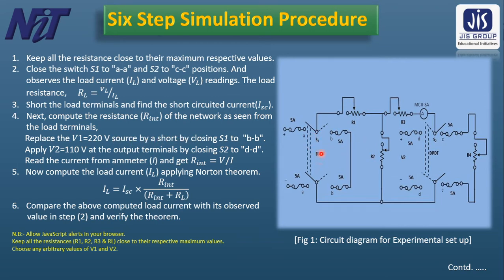Now you have to connect S1 at the BB position, and apply V2 at switch S2, where V2 voltage is 110 volt at the output terminals, by closing switch S2 at the DD position. Here is your source V2.